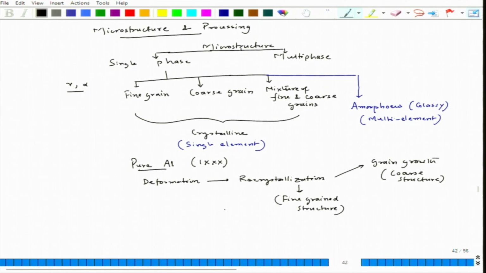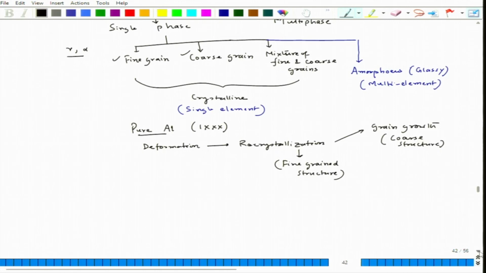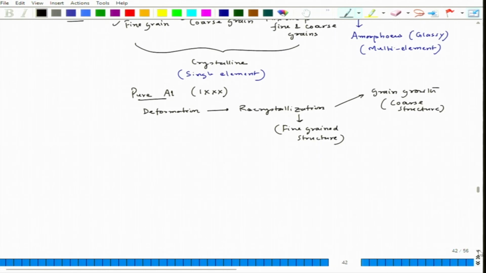So, we get two variations, fine grain and coarse grain. Now, how to get a mixture of fine and coarse? There is one particular structure called bimodal structure, where we have a mixture of fine and coarse grain.